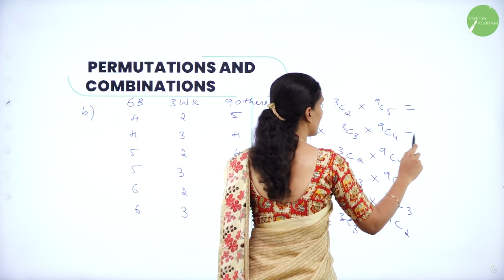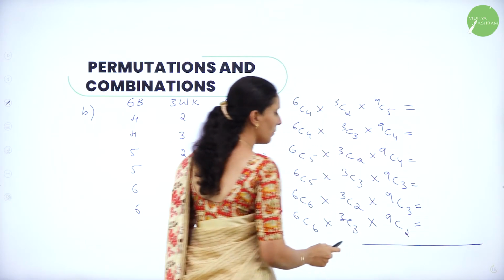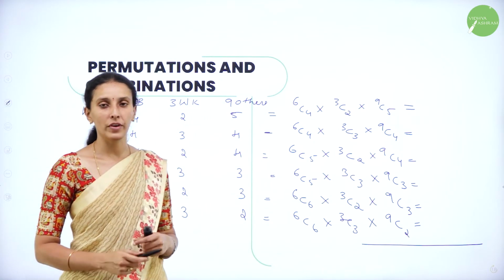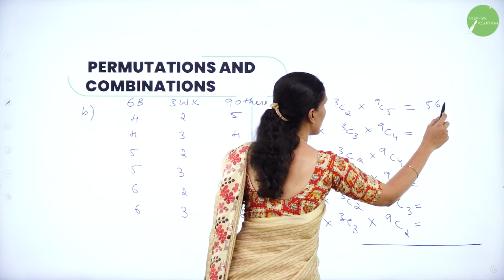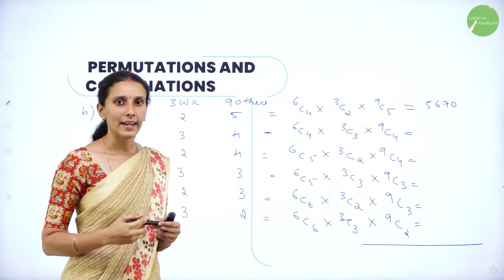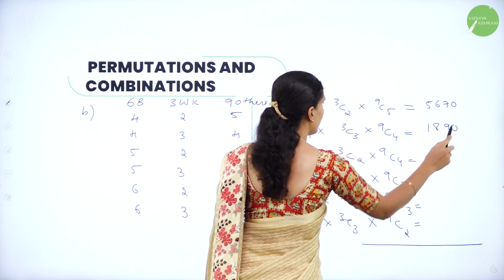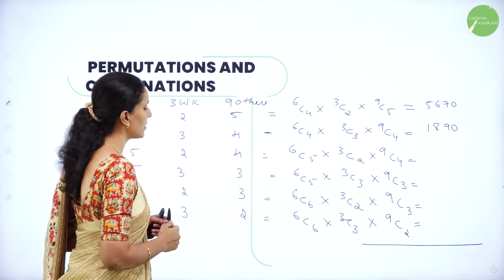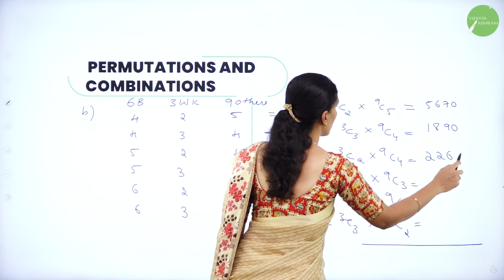So calculating this, the total will be the number of selections we can make. So for the first one, after evaluating, we have 5,670. For the second one, we have 1,890. Next, for 6C5 into 3C2 into 9C4, we have 2,268.